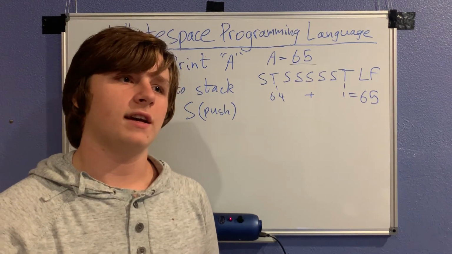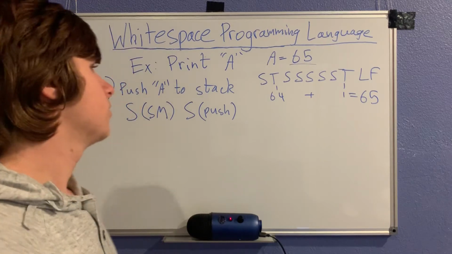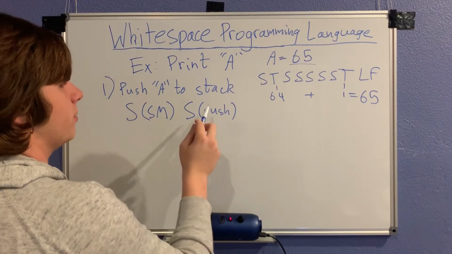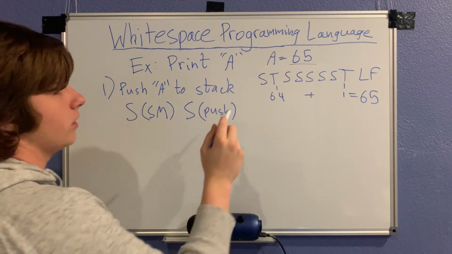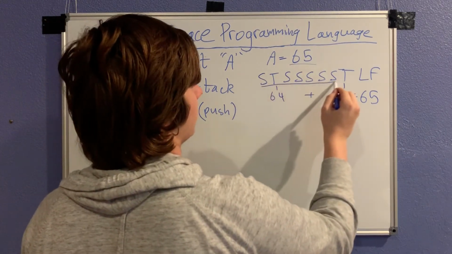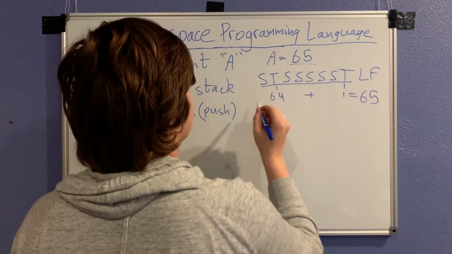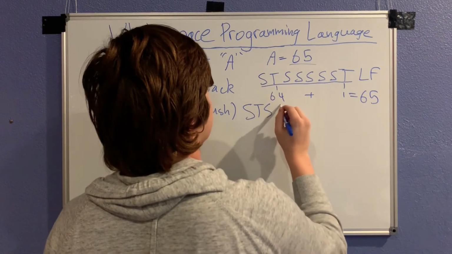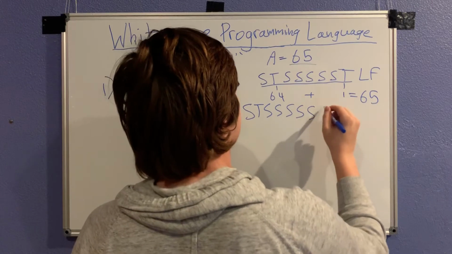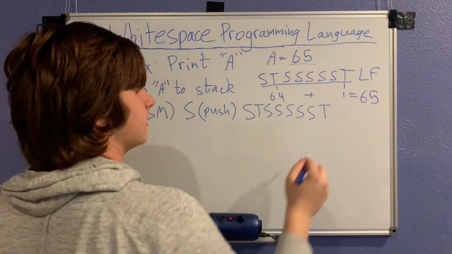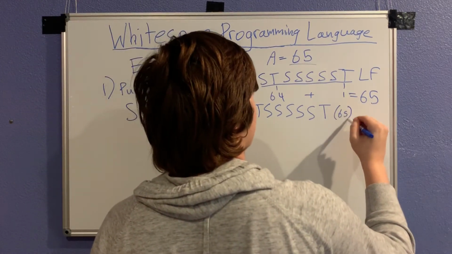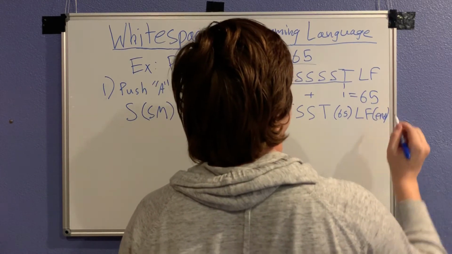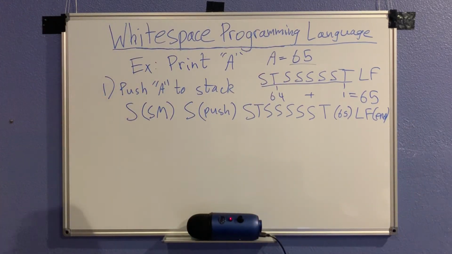You can kind of think of it as ending the command. So you have the stack manipulation IMP, you have the push command, you have the parameter, which is just this binary number. So that's 65. So S, T, S, S, S, S, S, T, that's 65. And then you line feed, and I'll just say end. So that's the first command.